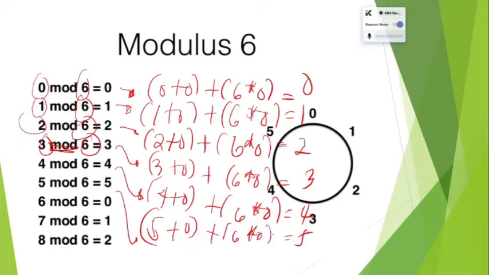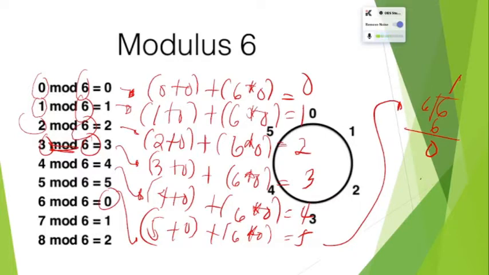So, that is 5. Now, let's go with 6 mode 6. Parehas sila. So, we need to divide. So, that is 6 divided by 6. So, that is no remainder. Kaya, 0 ang nilagay niya dito.